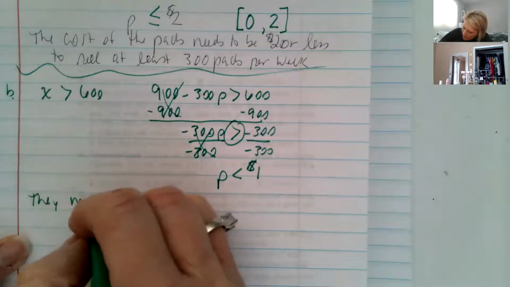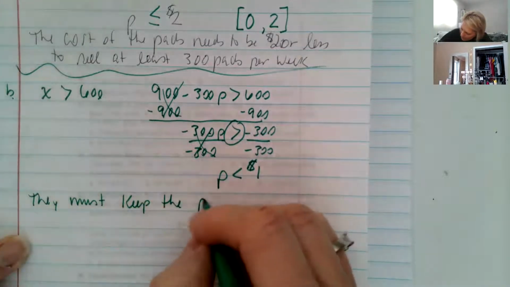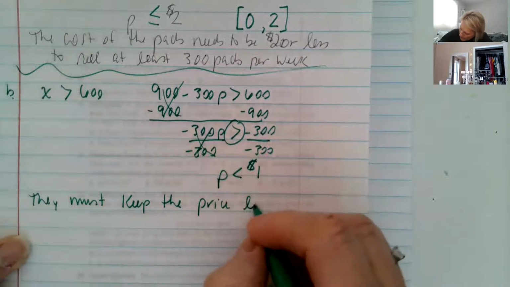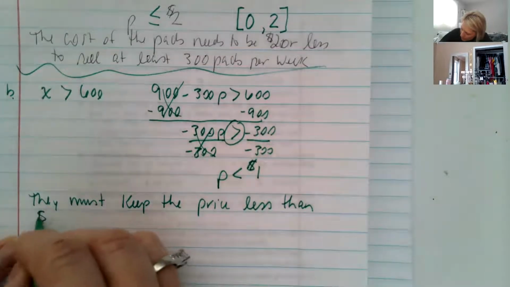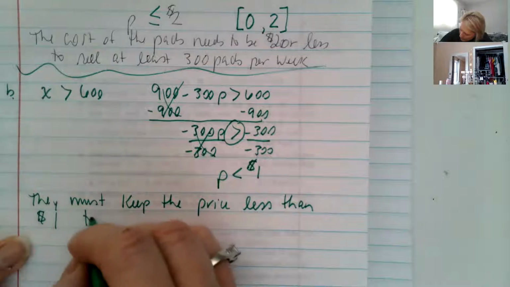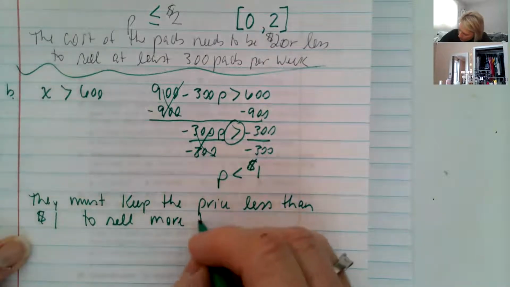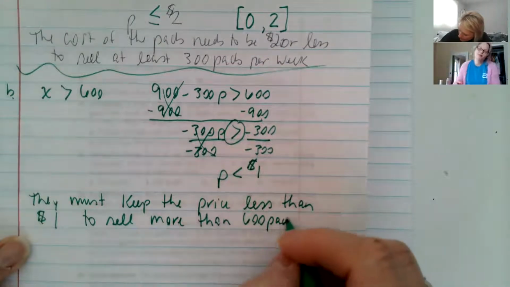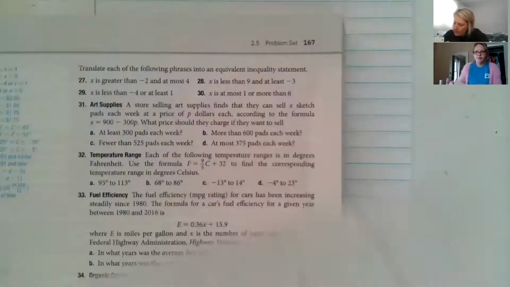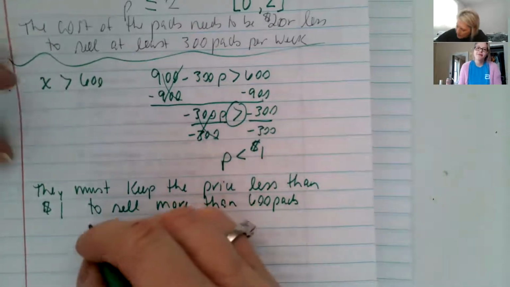They must keep the price less than $1 to sell more, not at least, but more than 600 pads. I think that's per week, right? They said, yep, pads each week.